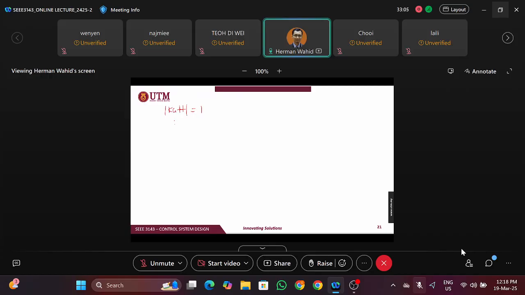The overall transfer function is K divided by S plus 10. If we substitute S equal to, for example, the first one, which is negative 9.47, then we substitute it into S here, and K we're going to use equal to 5.